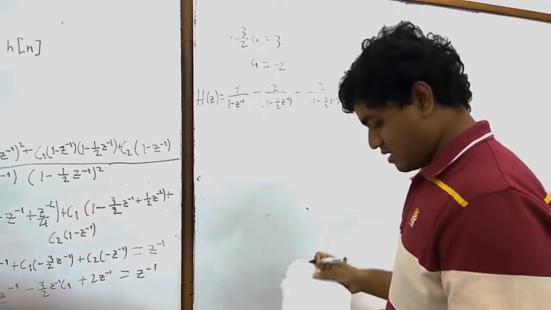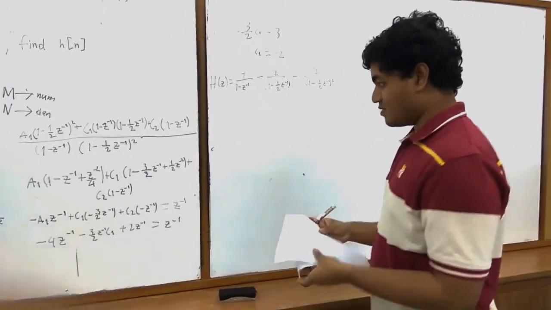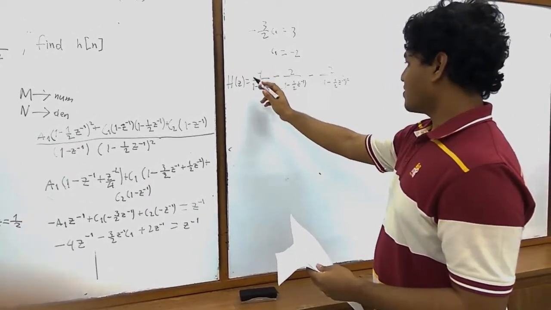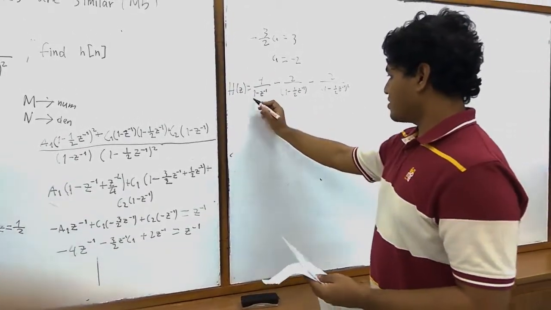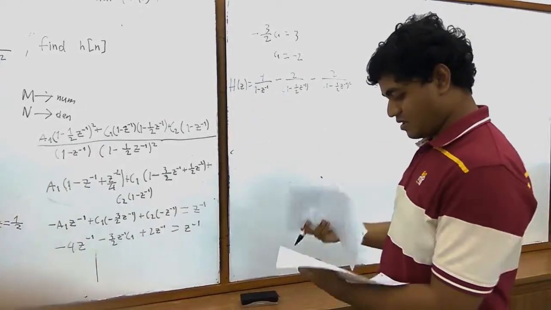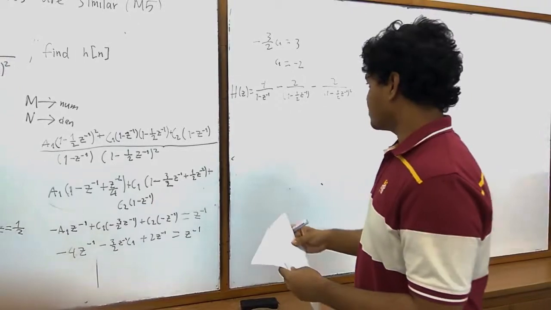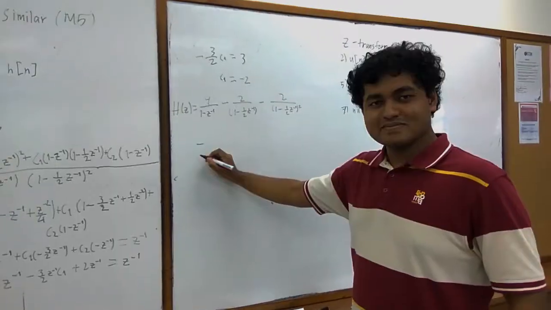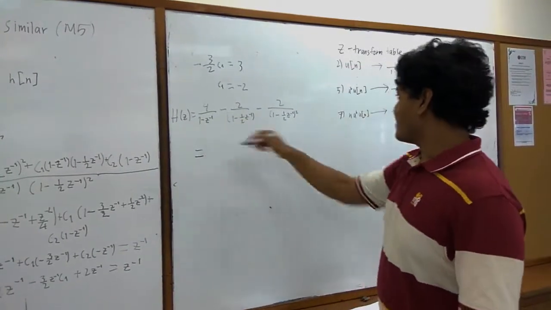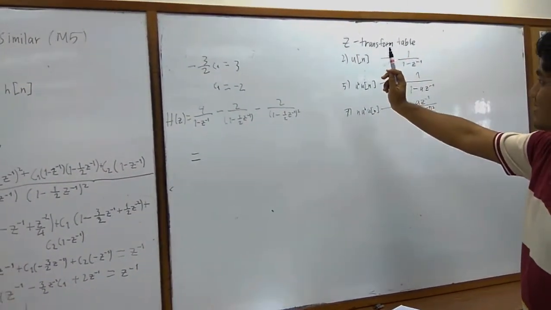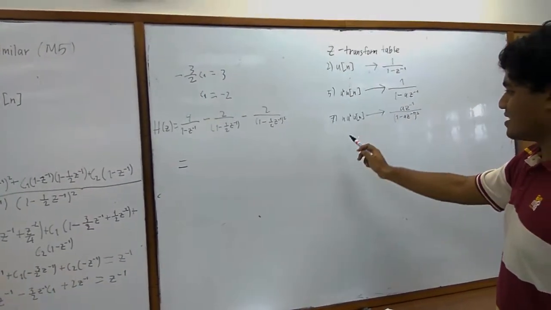Okay, that's it. And now all you have to do is use the inverse Z-transform table to convert this to Hn. So for this, we just use the second rule, fifth rule, and seventh rule.